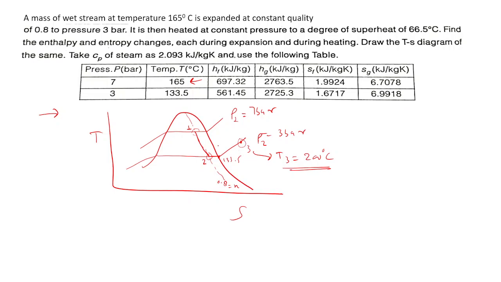That is what I told you in the start, how to calculate these things, because we know the temperature everywhere. And simply draw the TS diagram. Cp of the steam is 2.093, and you need Cp for the calculation, so they have given it. Use the following table.